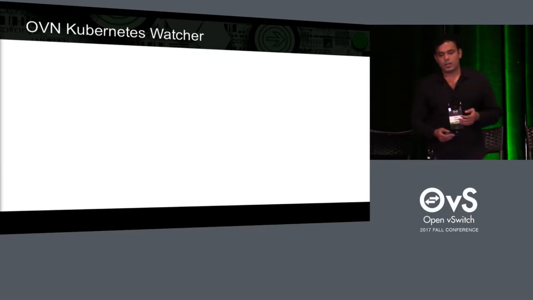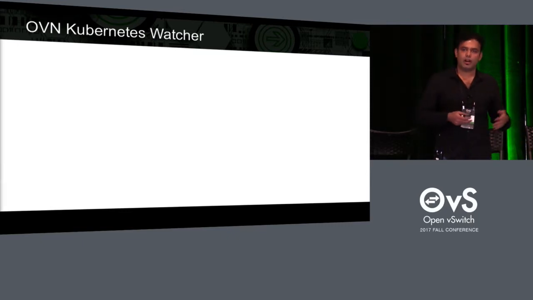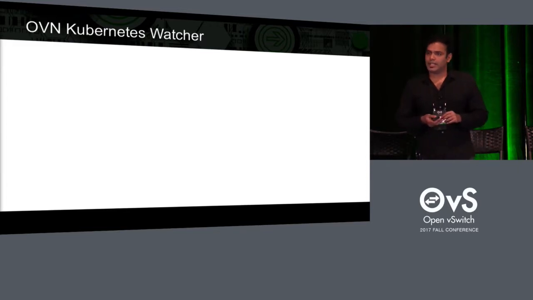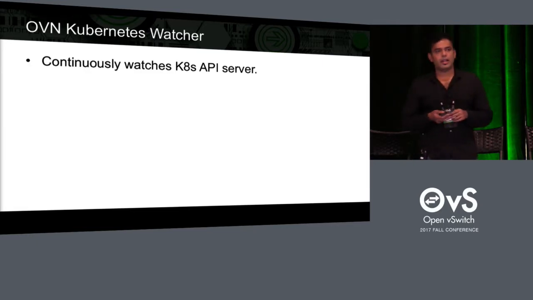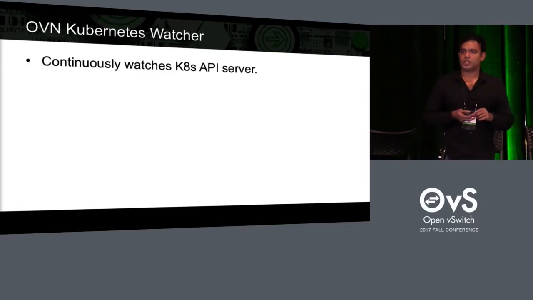Kubernetes has a lot more requirements, and previously we just talked about networking. So we use something called an OVN watcher. The OVN watcher's job is to continuously watch the Kubernetes API server. Everything that you do in Kubernetes gets stored in the API server, and you can get notified when something happens.